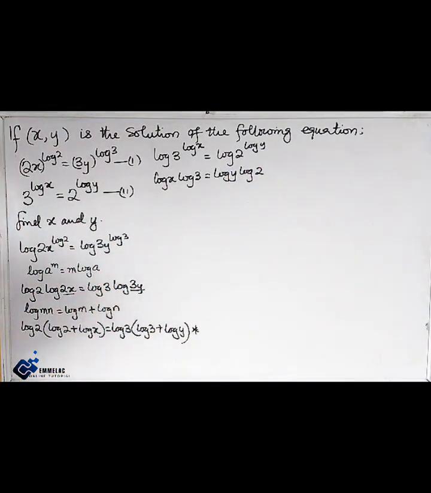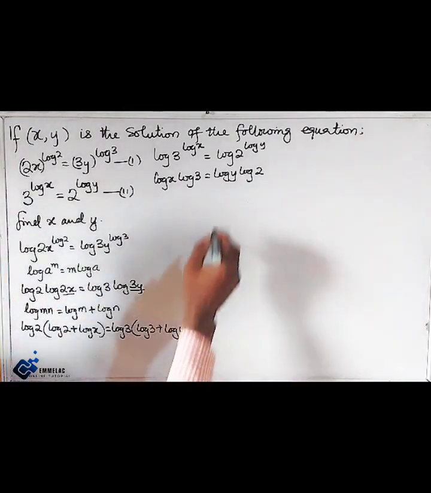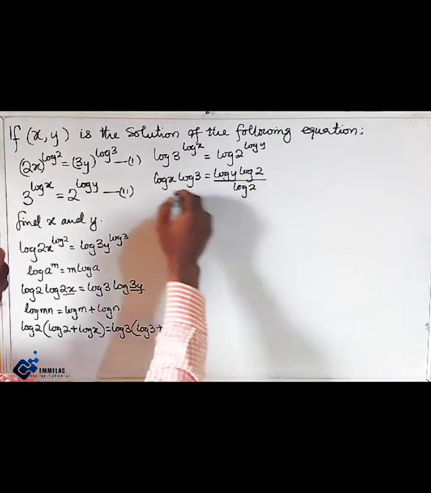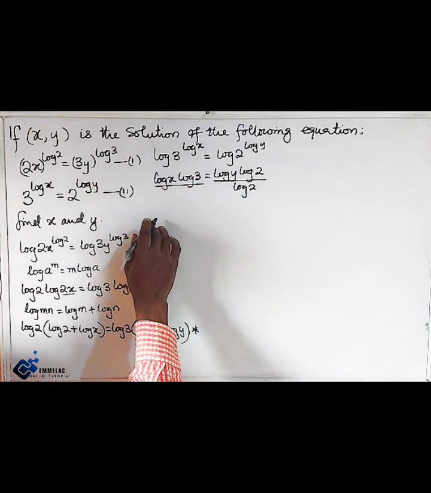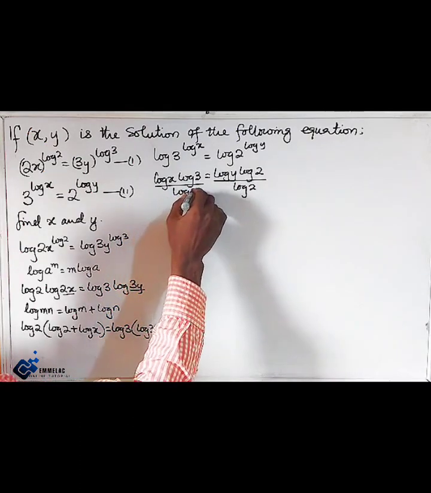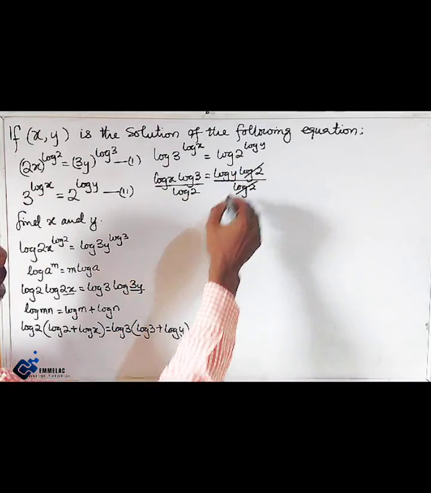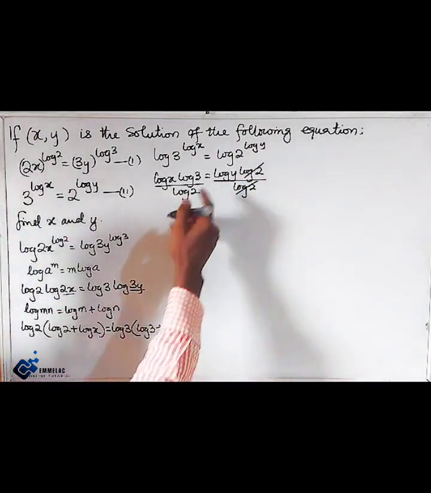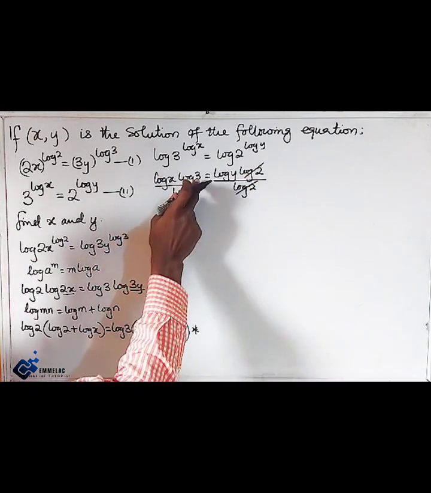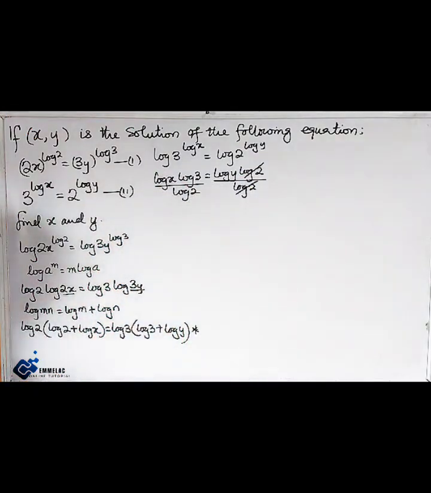Now let us divide both sides by log 2, because we tend to look for log y. By so doing we eliminate log 2 here, so it means that log y will be equal to log x times log 3 all over log 2, right?